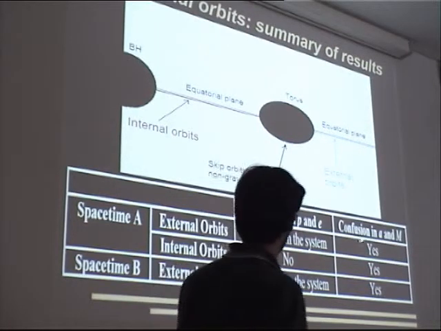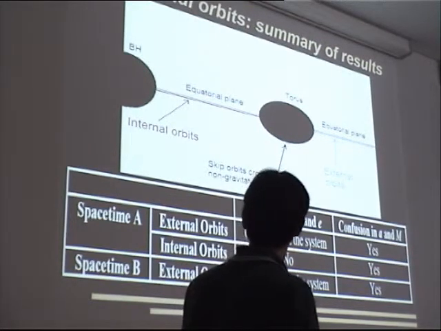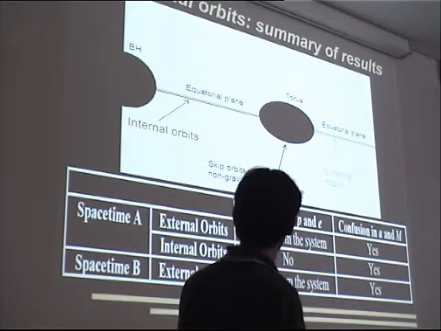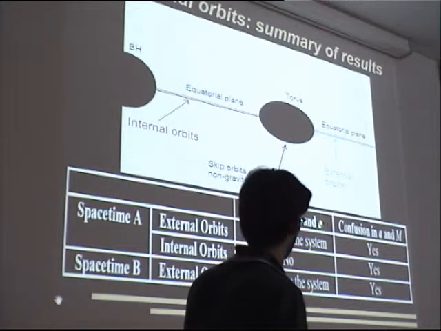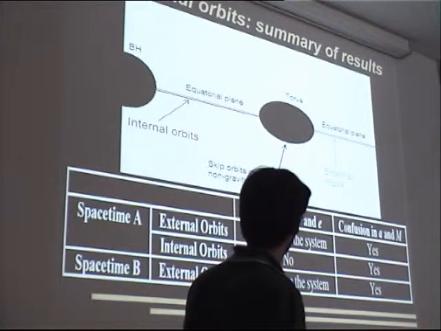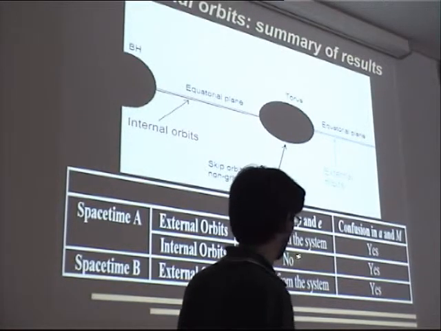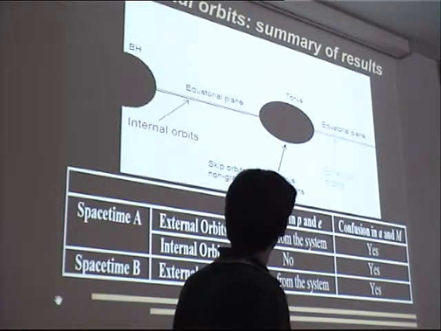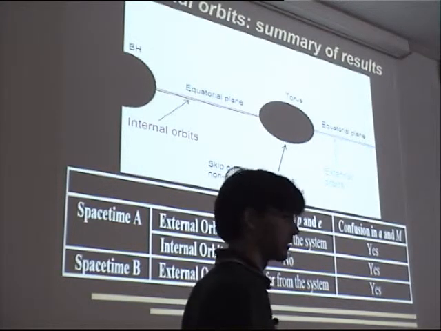What we find, and I will now show the results, is that in spacetime A we have both internal and external orbits, and we always have a confusion in the parameters A and M, whereas we have a confusion in P and D, in a sense the confusion which Stas and Costas found in their quasi-Kerr spacetimes, only far from the system. We don't have this kind of confusion for internal orbits because of strong field effects.